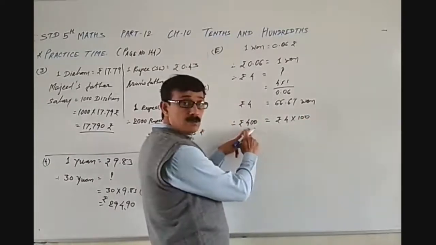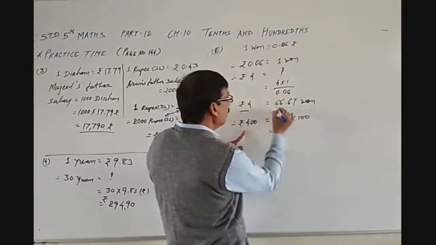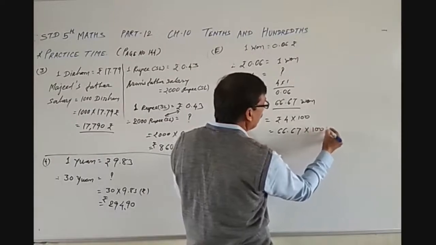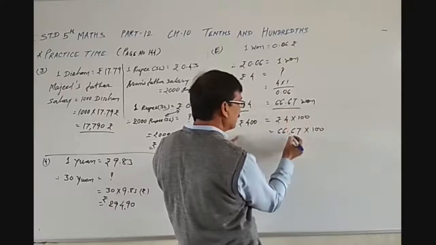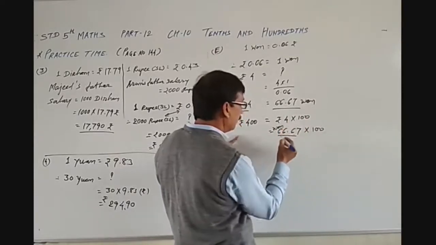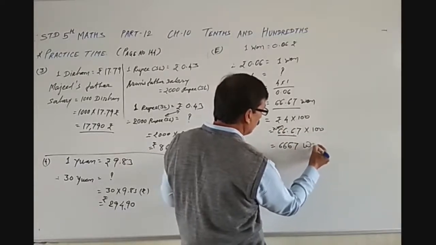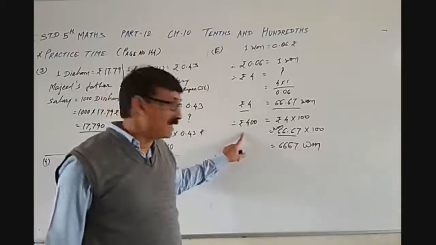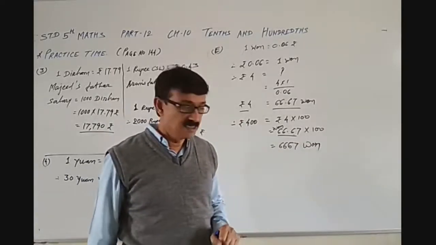Rupees 4 is 66.67 won, multiplied by 100. So from rupees 400 she will get 6,667 won, isn't it?